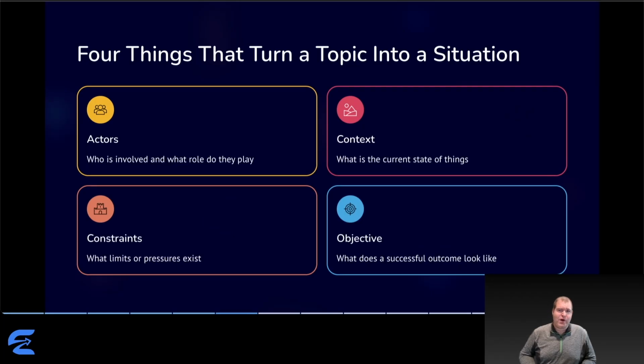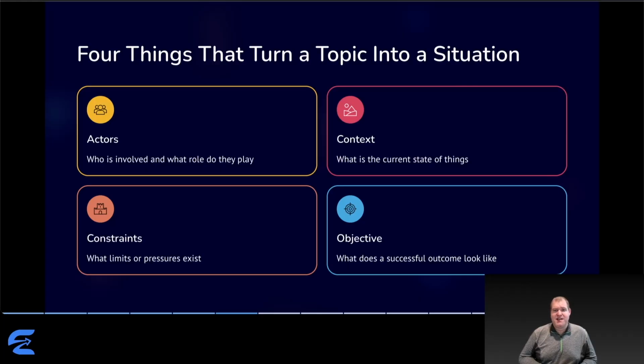A scenario has four components, and each one is doing a specific job. Actors tell the model who's involved and what role they play, not just my team, but who these people actually are and what relationship they have to the situation. Context tells the model the current state of things. What has happened? What's about to happen? What's at stake? Constraints tell the model what limits or pressures exist: budget, capacity, timeline, relationships.